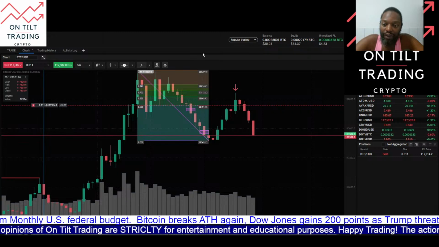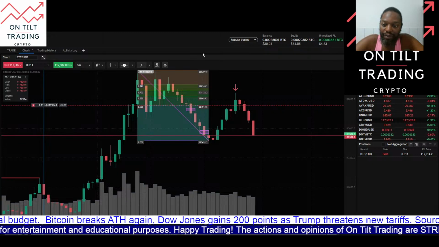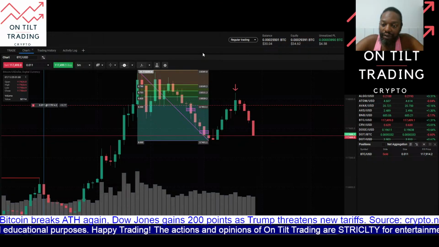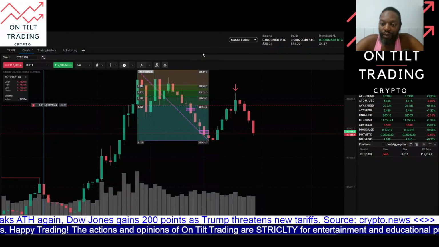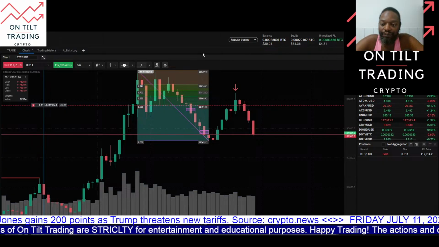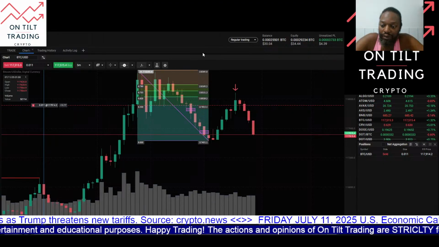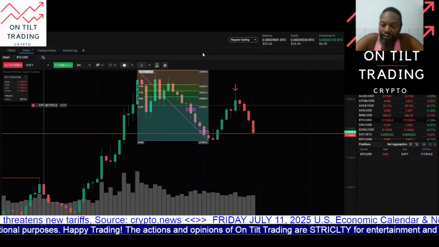Currently about $90 away from target. 117,500. About $70 away from target now. Price consolidating. 117,520. Less than 1 minute remaining in the current candle.